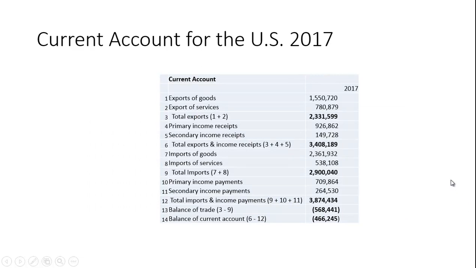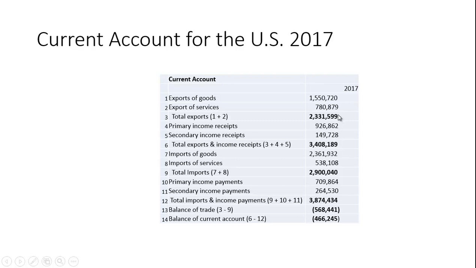So what I've done is I've summarized the table here. And I've put the exports of goods and the exports of services separately so you can see them more easily. And I've added them together, so that's the total amount of exports. You also have these primary income receipts and these secondary income receipts.